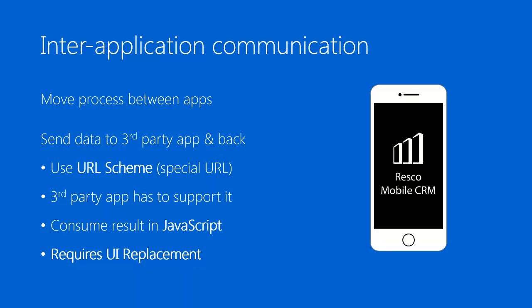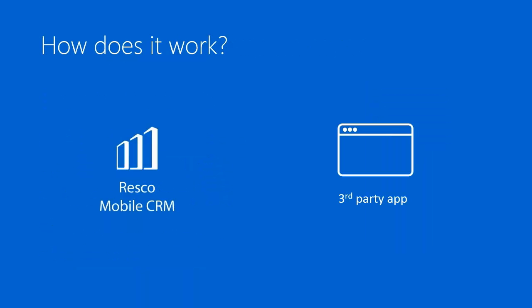I will try to explain that in a couple of moments. The third-party app, so the custom app or the app you would like to use, has to support this kind of communication. And it will require JavaScript for you to consume the result. And also you will have to use something we call UI replacement.